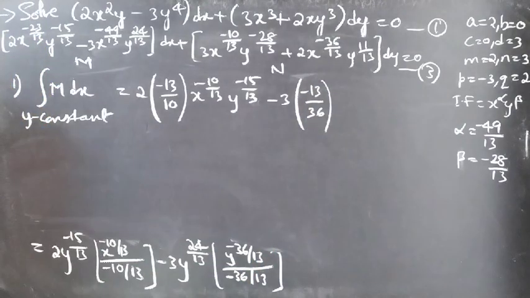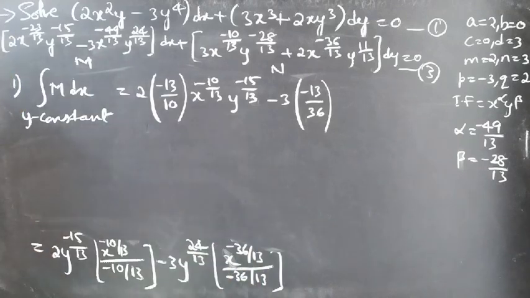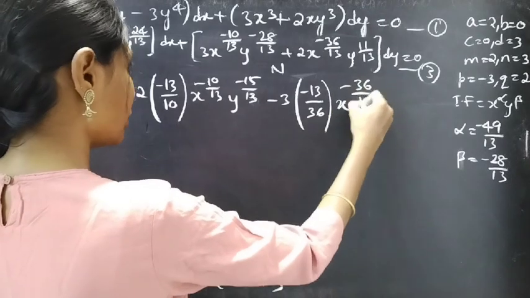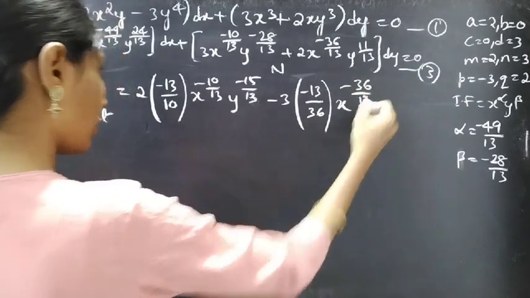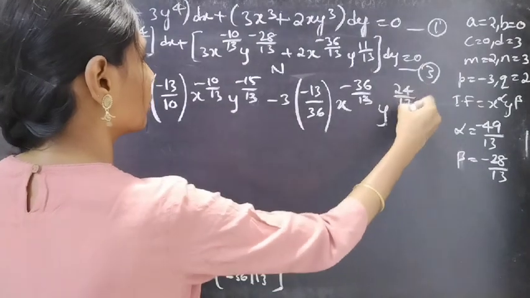The reciprocal of minus 36 by 13 is minus 13 by 36. Okay, and it's x, not y, sorry. x power minus 36 by 13, y power 24 by 13. Right?